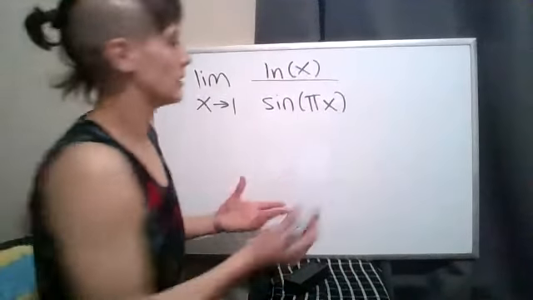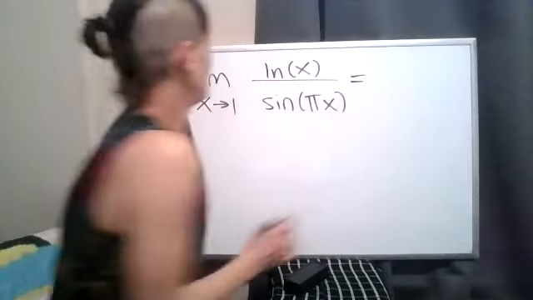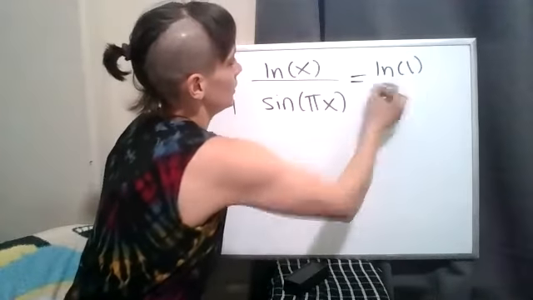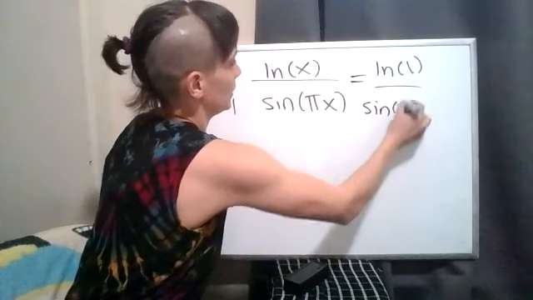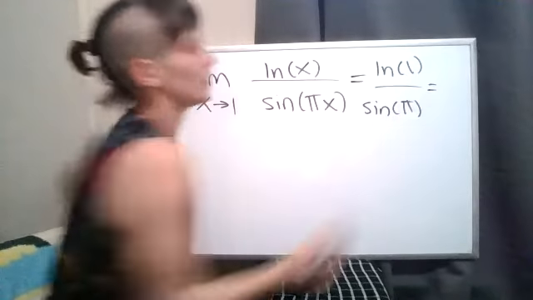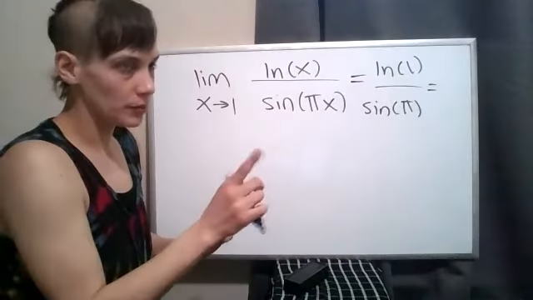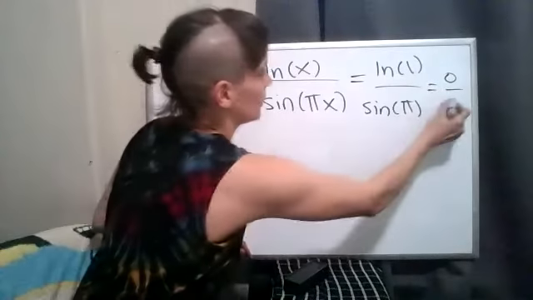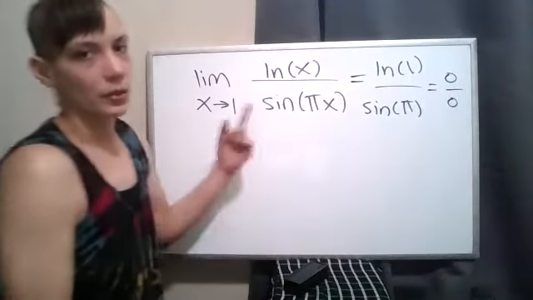So let's see if we need to use the rule. Put in 1, ln of 1 over sine of pi would be 0 over 0. So we will use the rule.